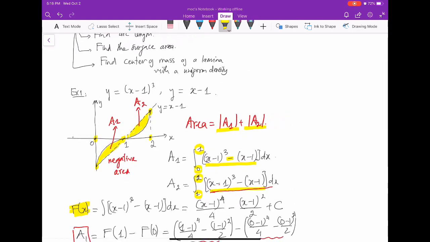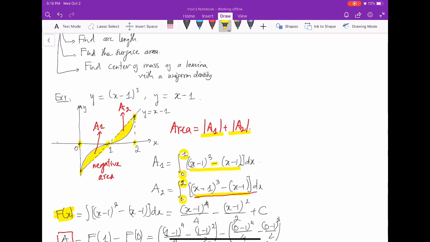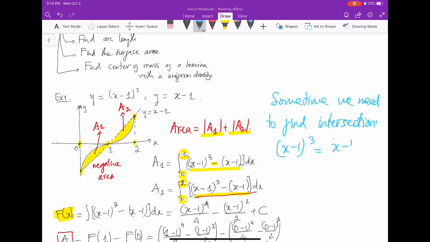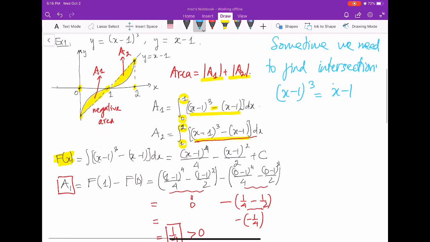Okay. So I'll write a very short comment in here. Sometimes we need to find intersections. So how? I will put x minus 1 cubed equal to x minus 1, and then you solve this equation.